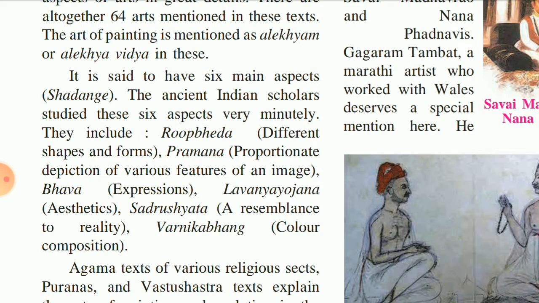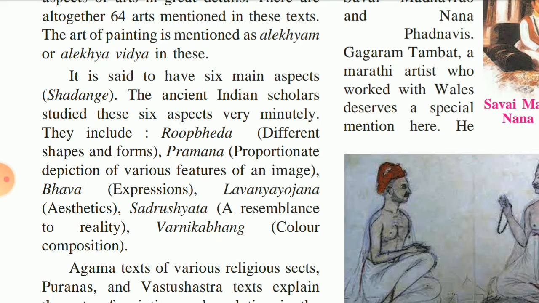These 6 aspects are: number 1, Rupa Bheda, which means different shapes and forms. Every shape is different from the other shape. They are not equal. So Bheda is there. In the Rupa, in the texture, the differences are there.